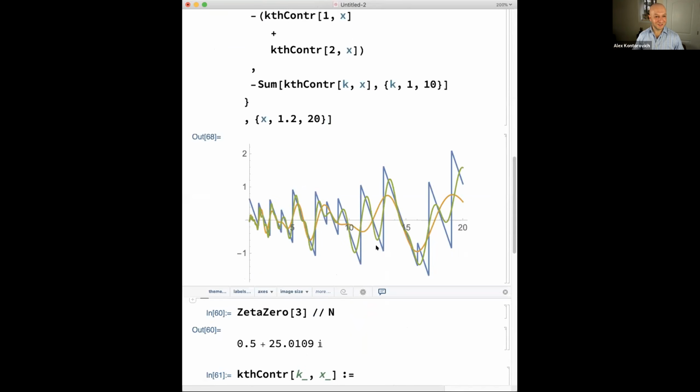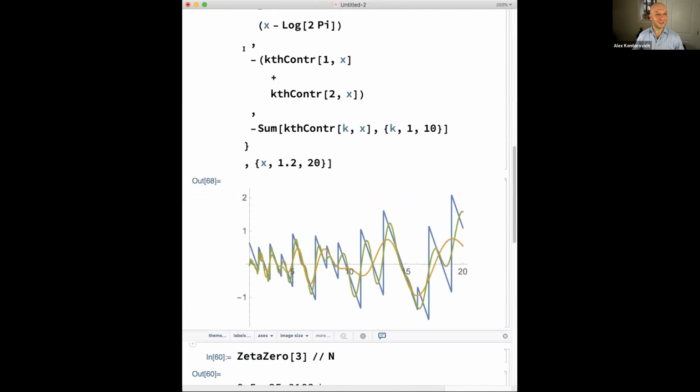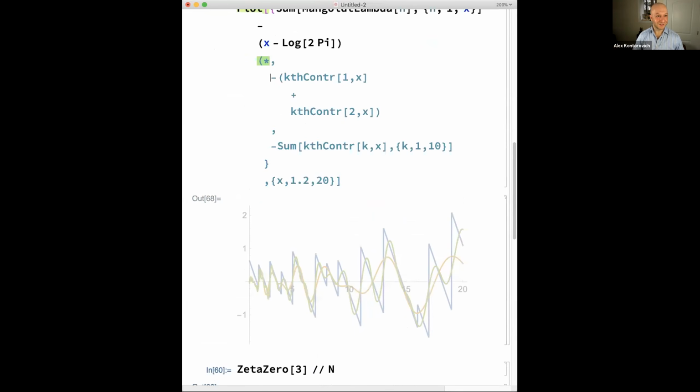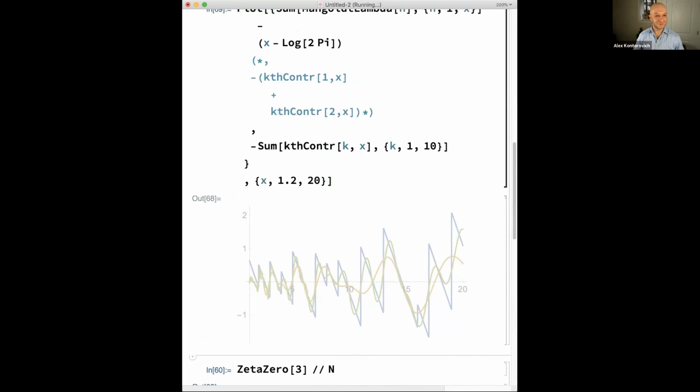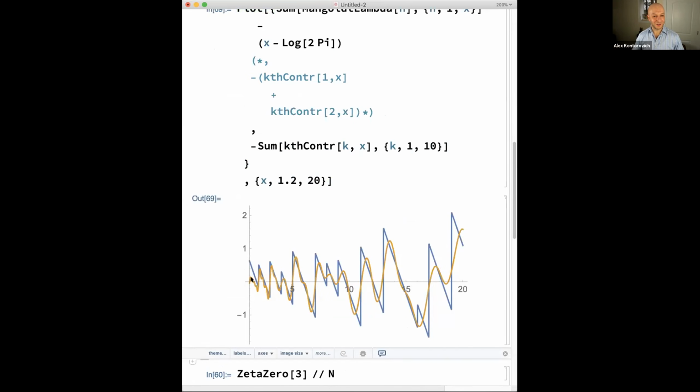You see the green? Let's get rid of this. You see now it's yellow again? See this yellow curve? That's with 10 zeros.